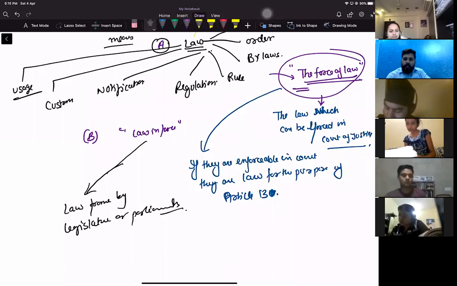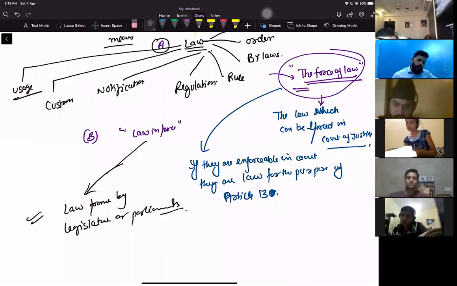But it does not include 368. We know this, right? But basic structure can be checked. We will understand this when we are studying 368 completely. And the core clause was declared in form as well, okay? This is what Article 13 basically is. So how many people have understood Article 13 well?